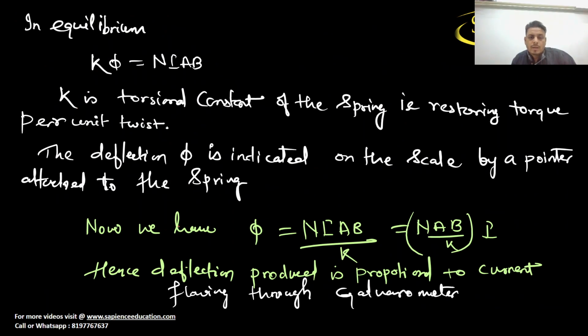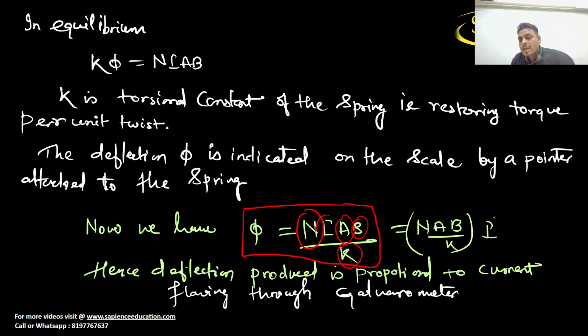Now we have phi is equal to NIAB by K. The number of turns is fixed, A is fixed, B is fixed, the spring constant is fixed. But what varies? The current is different. If the current increases, phi will increase. If the current decreases, phi will decrease.